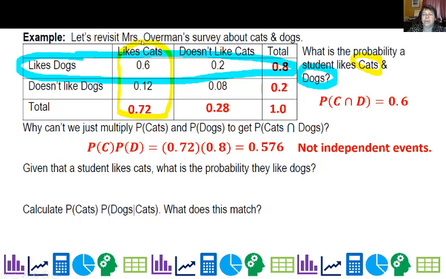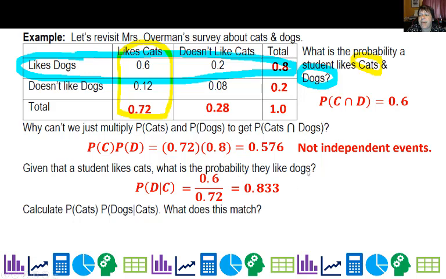This right here is our entire world, the yellow part. Now, does our world add up to 100%? It doesn't. So how are we going to figure this out? Well, the probability of liking dogs given cats is the probability someone does like dogs and cats, see that right there, over the whole world there. So if I add up these totals, I get 0.72. And that gives me 0.833.